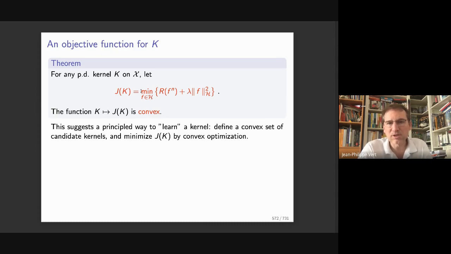So it's a convex function, in particular of the kernel matrix here, because the kernel just plays a role through the kernel Gram matrix when we define the risk and the RKHS norm, and therefore we're going to show that this is a convex function. So once we show that, this means that maybe it's possible to jointly learn the kernel and the best function in the best RKHS by minimizing our standard objective function over f and k jointly.